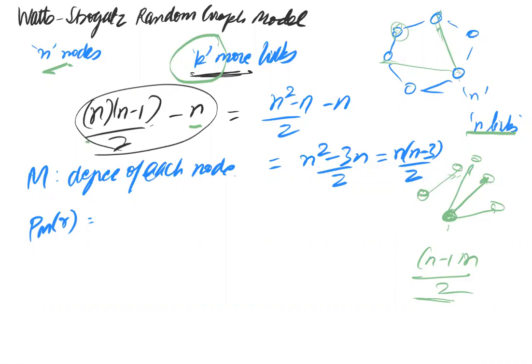So if I'm talking about this node, I want this node to have r links. 2 of them are already there. So what is the probability that those k that I added will be added to this node? Okay. So P_m(r) is actually the probability that r minus 2 of the k new links attach to that particular node.